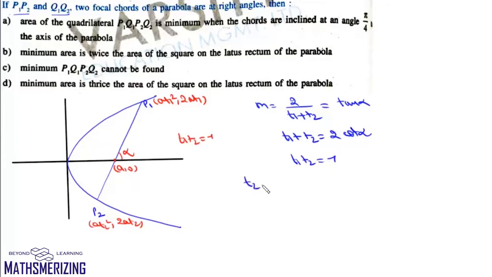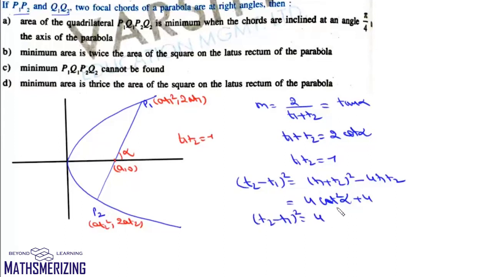So from here, t2 minus t1 whole square will be (t1 plus t2) whole square minus 4 t1 t2. So we can write this as 4 cot square alpha plus 4. So t2 minus t1 whole square is 4 times (1 plus cot square alpha), and 1 plus cot square alpha is cosec square alpha.